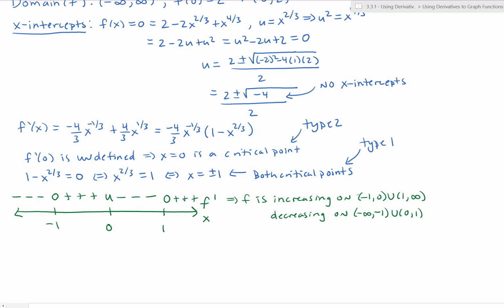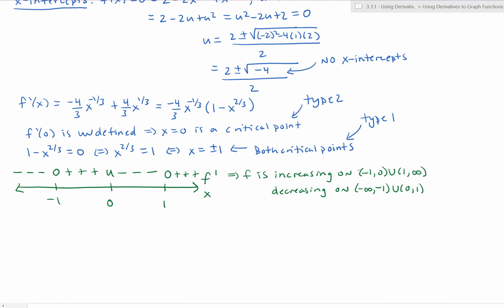Also notice that based on the sign changes that we have, there must be a local maximum value at x is 0. And remember, the domain of this function is all real numbers. And even though the derivative is undefined there, we still do indeed have a local max for this reason. So we'll have to figure out what's going on with the concavity to conclude exactly the behavior there.